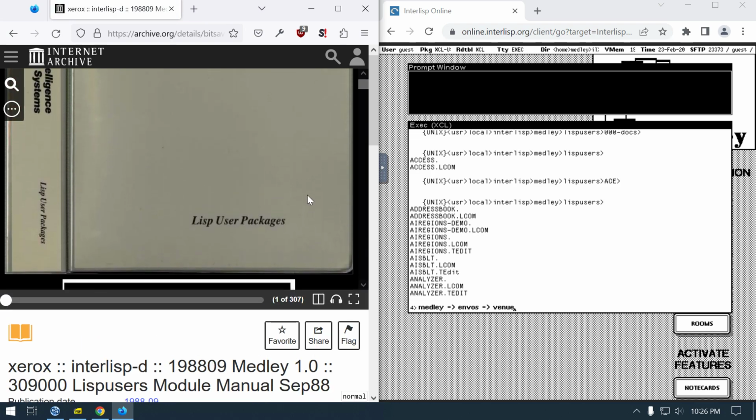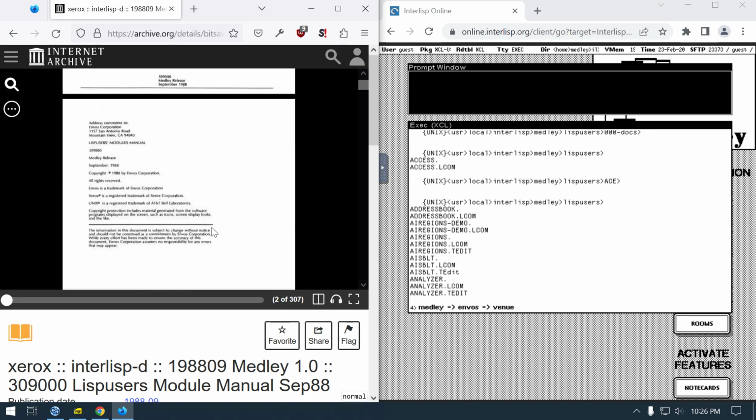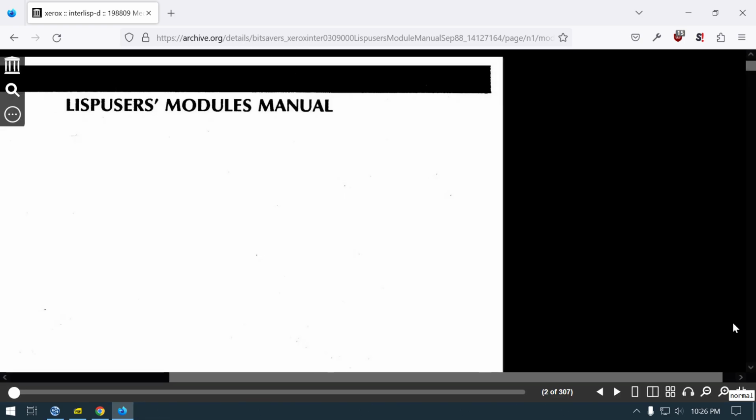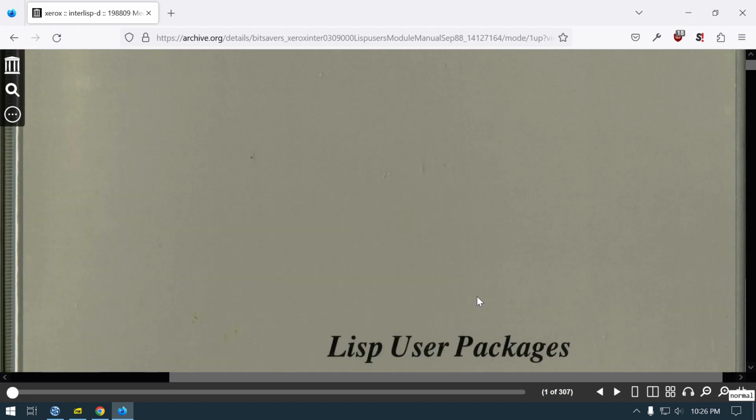Nope, that's not it. Well, lispuser packages. Maybe that is the one I'm looking for. Can I full screen this thing? My normal buttons don't work on this stupid thing.